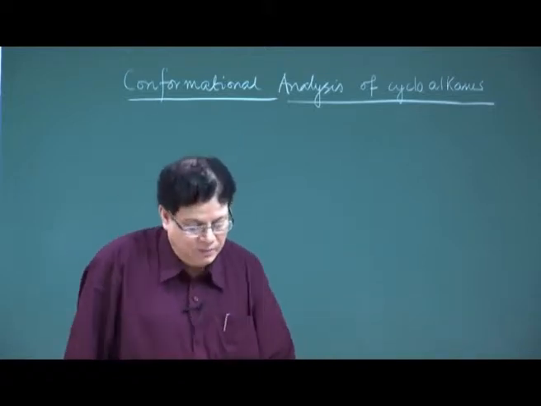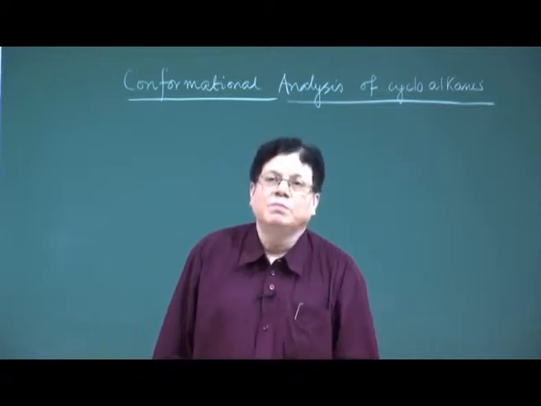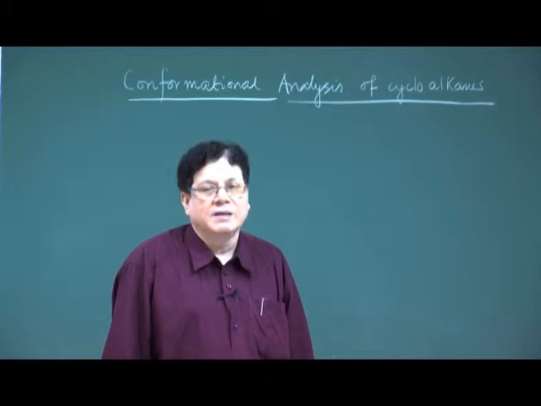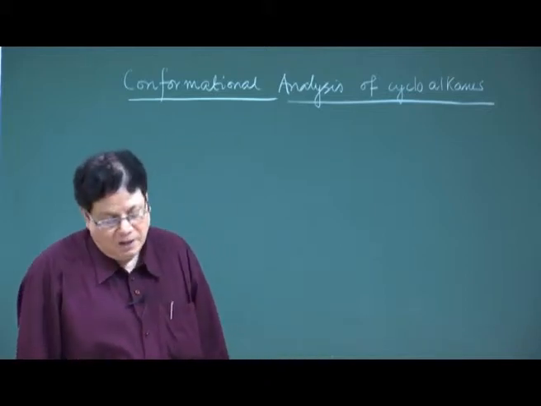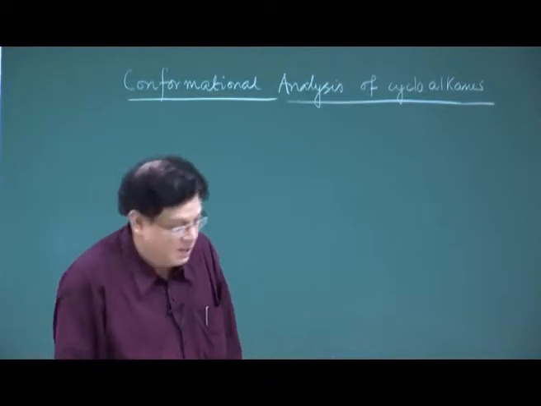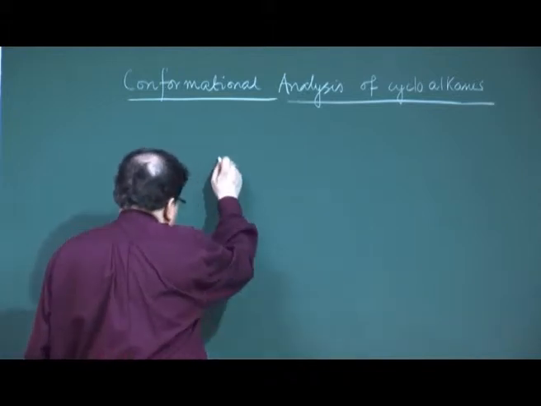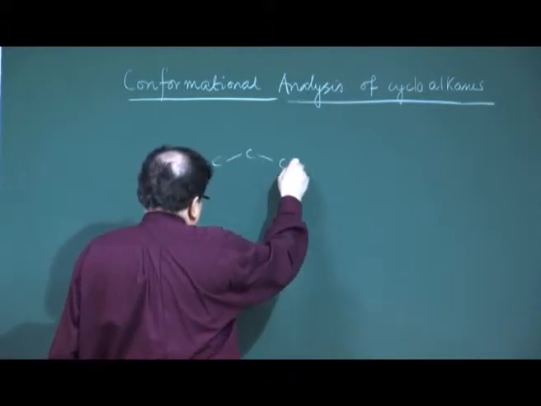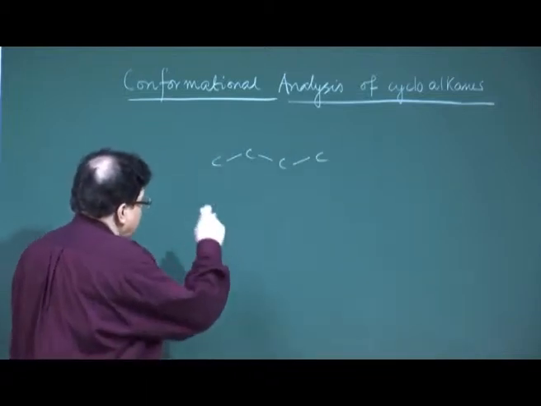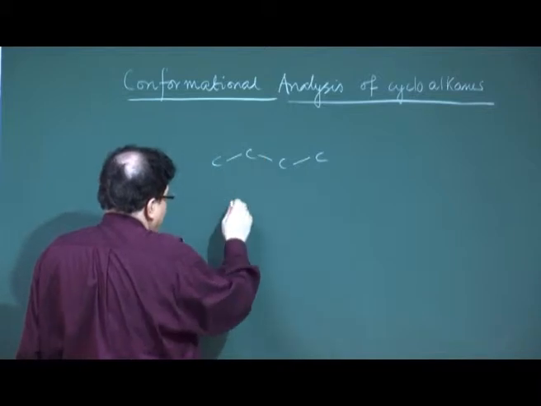During my last lecture, what we have discussed is the conformation analysis of acyclic systems, that means compounds which are not cyclic, which have only a carbon chain in a linear fashion. Then we have done the conformation analysis of n-butane.